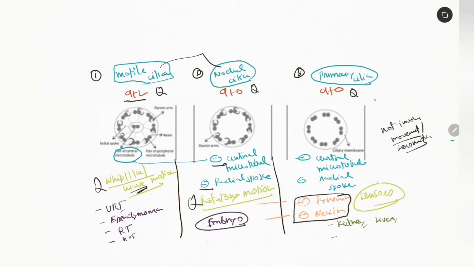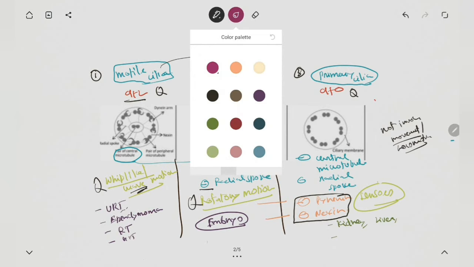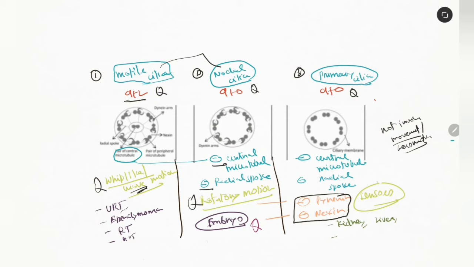The whip-like or wave-like motion of motile cilia is most commonly seen in the upper respiratory tract, CNS ependyma, and reproductive tracts, whereas nodal cilia are seen in your developing embryo.